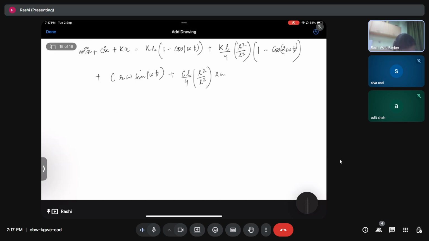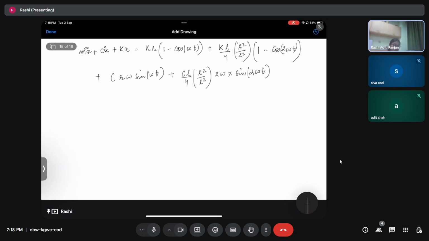Then we have twice of omega into sine of 2 omega t. Okay, we have simply differentiated the y of t and multiplied it with c. So this is essentially our equation of motion.